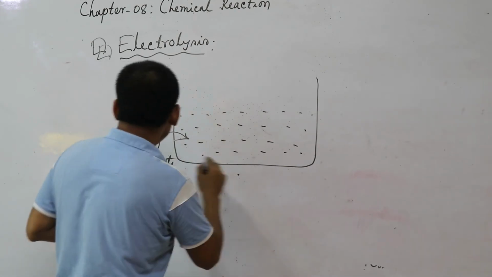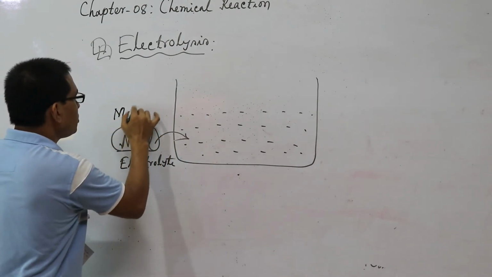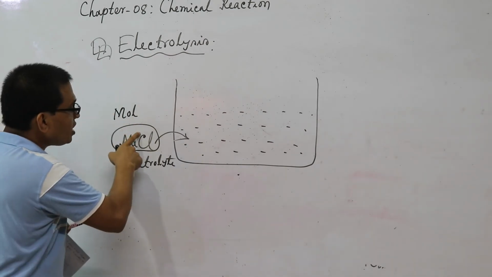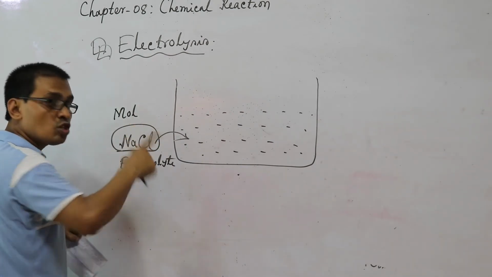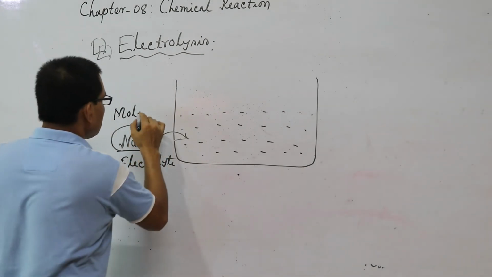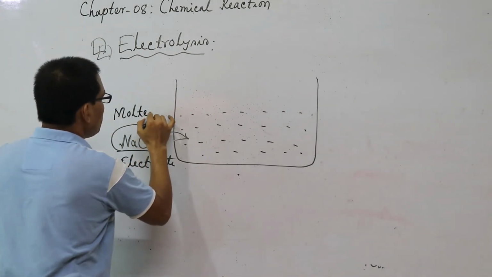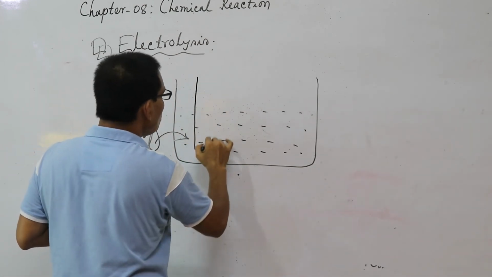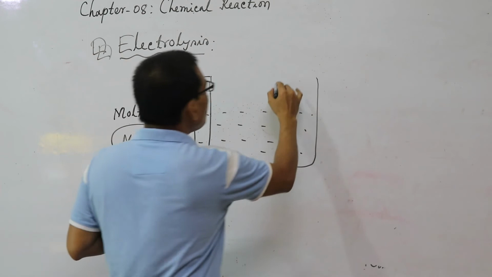Now I will take molten sodium chloride. It will allow electricity only in its molten state. We have to use 2 electrodes.